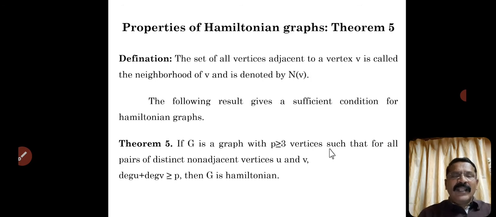First of all, let me define one concept. Later on, we will discuss the property. The neighborhood of a vertex. What do you mean by neighborhood of a vertex?